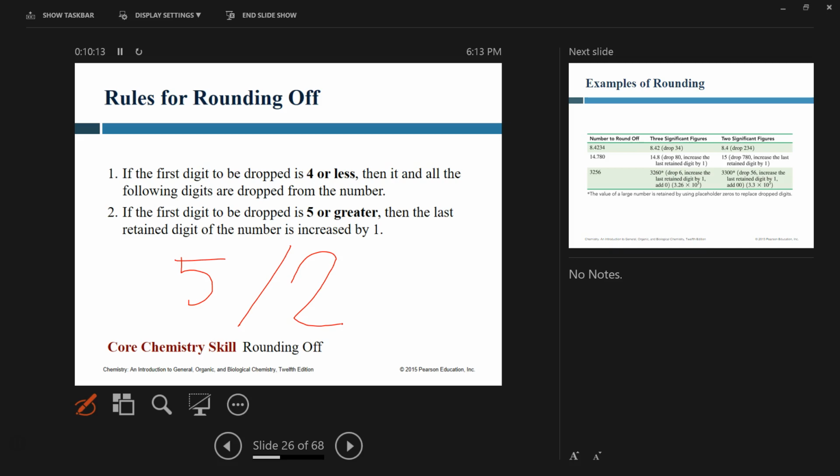Because you have one significant figure in the number 5 and one significant figure in the number 2. So you can have only one significant figure in your answer. Does that make sense? So if you take a calculator and do 5 over 2 division, the calculator will give you 2.5. But you need to round it up to maintain the proper number of significant figures. Does that make sense? This is why we're going to focus on the rounding.